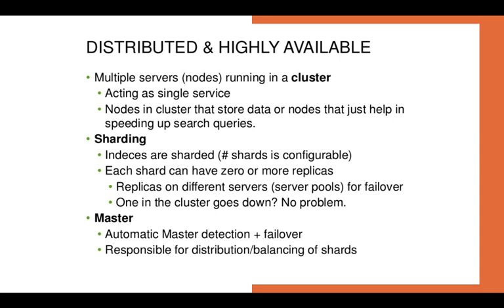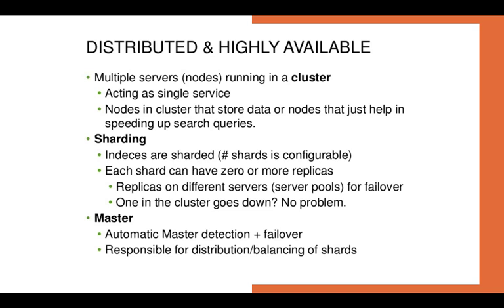Elasticsearch is distributed and highly available. Multiple servers, which we call nodes here, run in a cluster, acting as a single service. Nodes in a cluster either store data or just help in speeding up search queries. We have a concept of sharding on Elasticsearch.